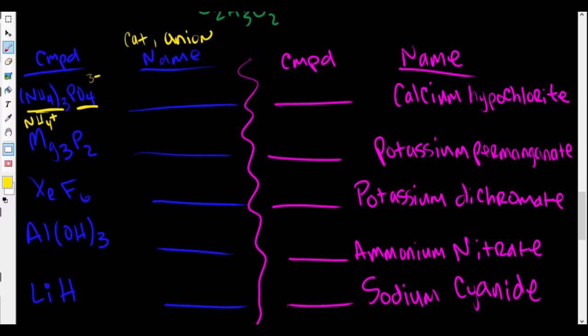And same thing when you write your compounds, cation, anion. That's how it should be. That example I showed you where they were switched has to do with more structure. But okay, so NH4+, what is that? What'd you get? Ammonium. And for PO4 3-, that is going to be phosphate.